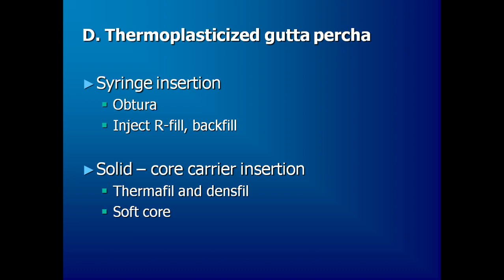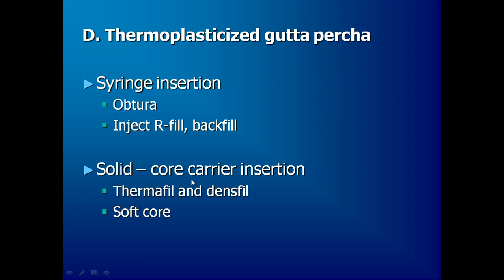So again they attempted a different approach. First the solid core was used. Then the second was chemically plasticizing it. Third was warming the gutta-percha within the root canal. Then they came up with a different technique where the gutta-percha was plasticized outside the root canal. Outside the root canal it is thermally plasticized and then introduced. There are 2 different ways of doing it, that is by syringe insertion or by solid core insertion.